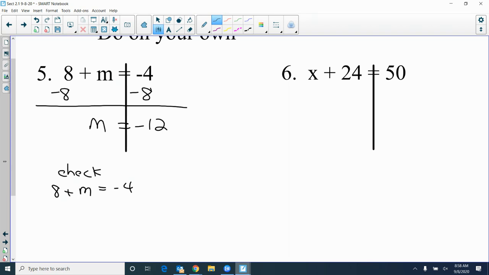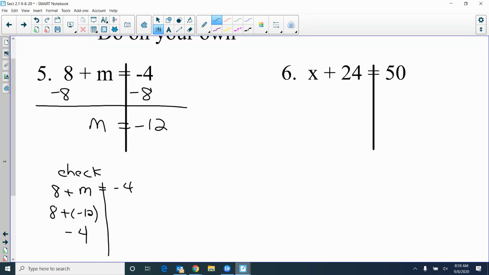You take M and replace it with -12. I don't need to do anything to that right-hand side. Now don't automatically assume that it's going to match up. Really actually check it. So 8 plus negative 12, if you type it in your calculator, does equal -4, so it does work.